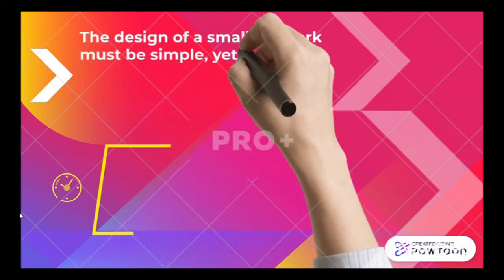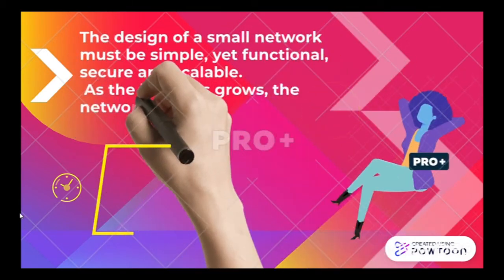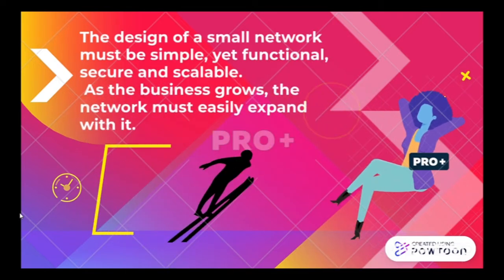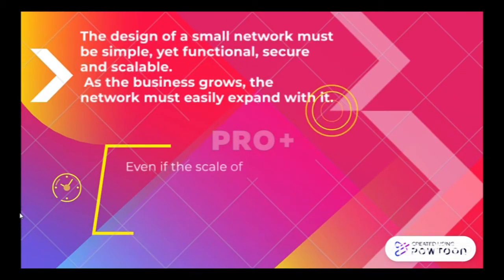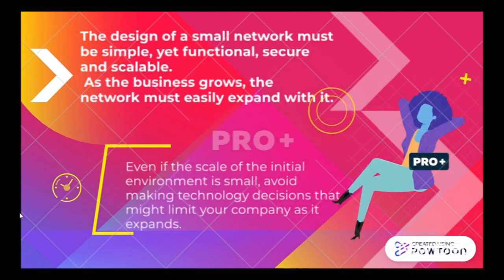The design of a small network must be simple yet functional, secure and scalable. As the business grows, the network must easily expand with it. Even if the scale of the initial environment is small, avoid making technology decisions that might limit your company as it expands.